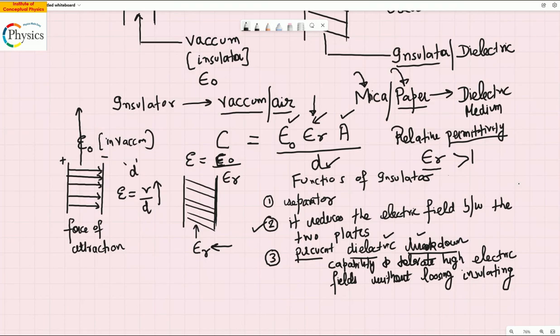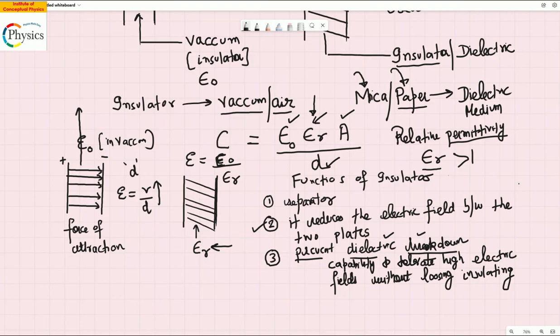We can go into the microscopic details of dielectric. I have a lot of videos that explain what a dielectric is. But currently my focus is capacitance. I'm not worried about the exact meaning of the word permittivity.